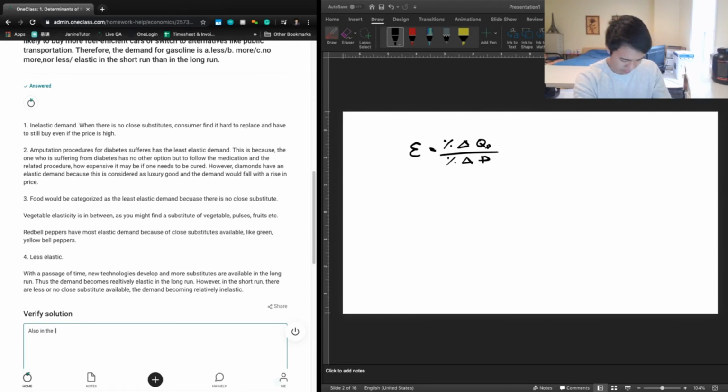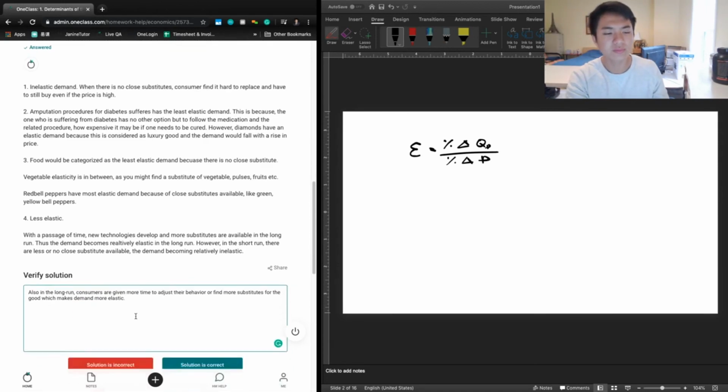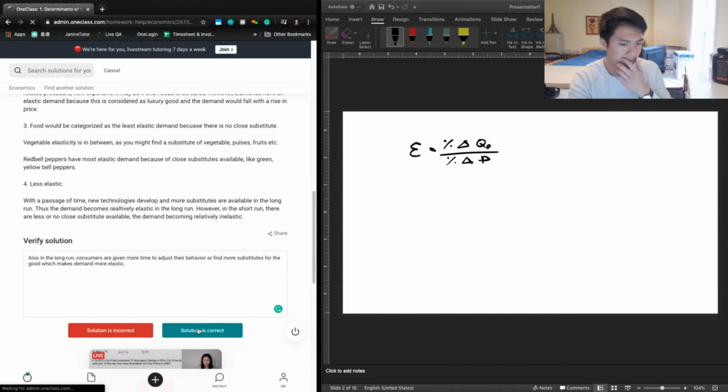In the long run, consumers are given more time to adjust their behavior or find more substitutes for the good, which makes demand more elastic. Okay, and otherwise that would be the correct answer.